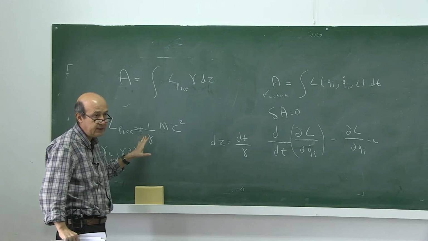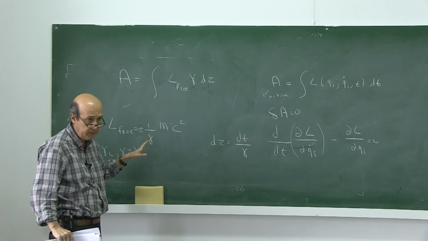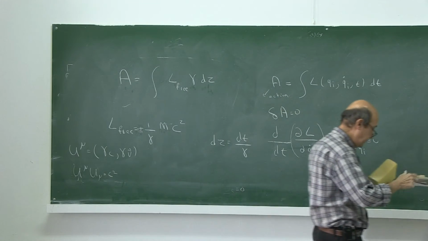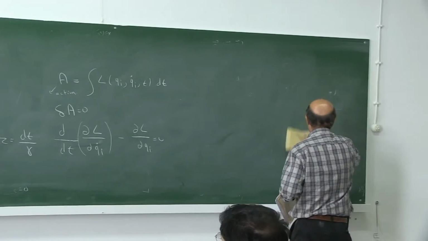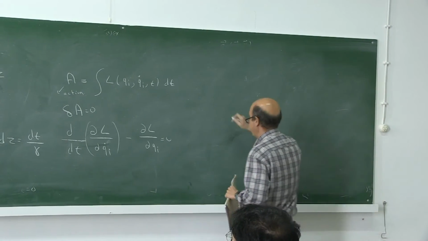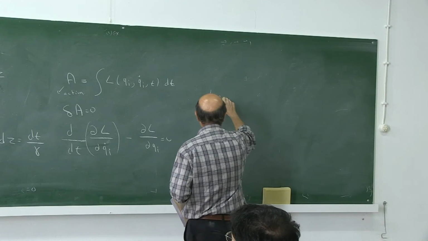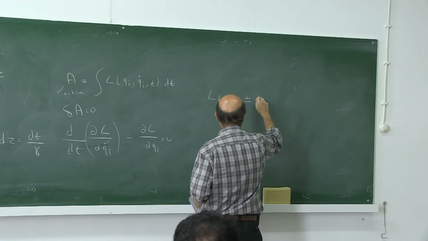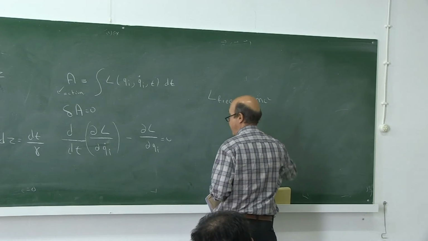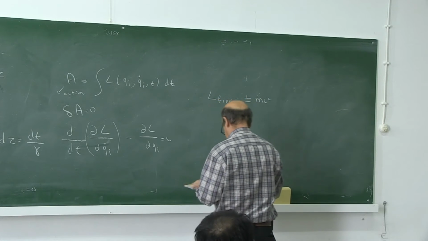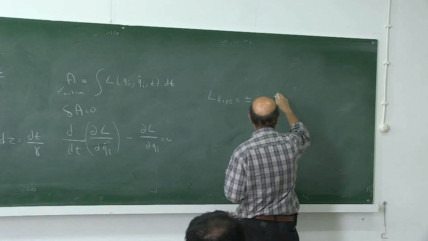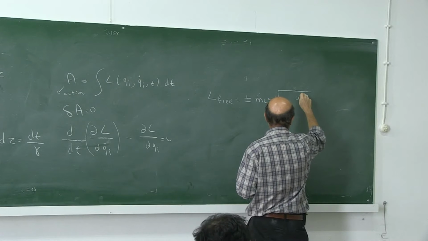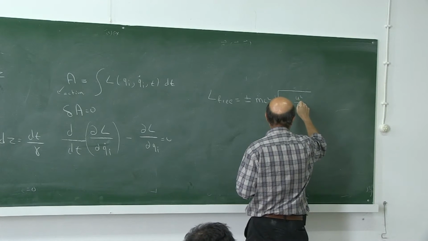Or second, what is this in the non-relativistic limit? The non-relativistic limit could be seen very easily. So the free Lagrangian plus or minus mc squared over gamma is the square root of 1 minus u squared over c squared.